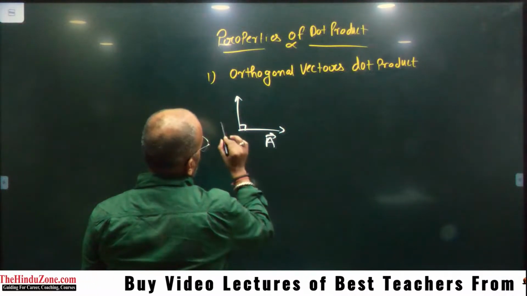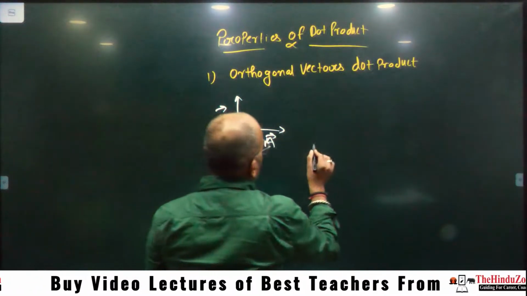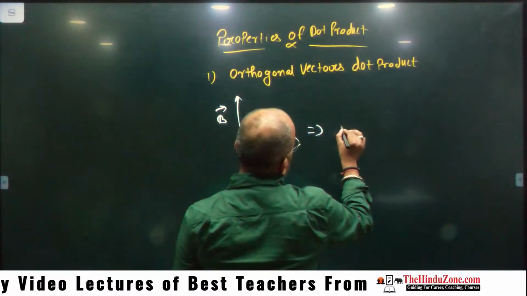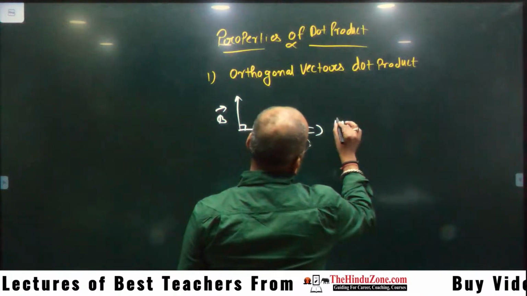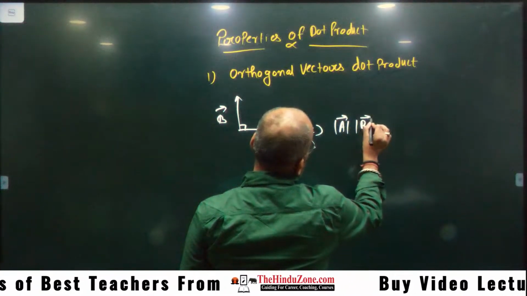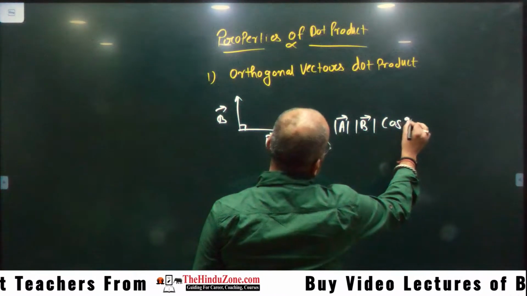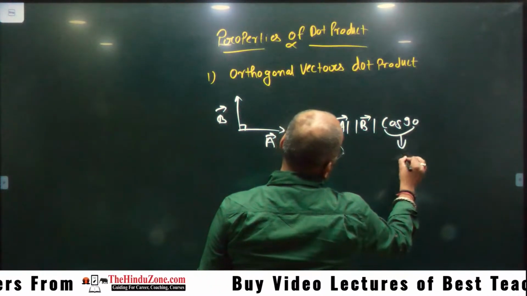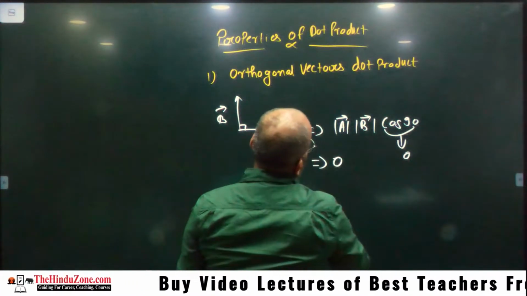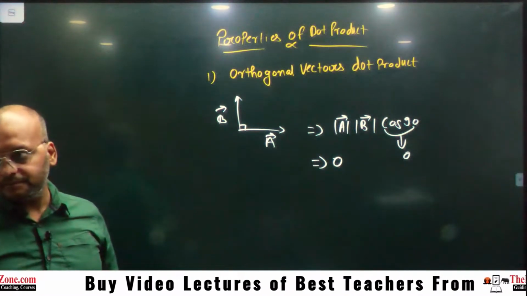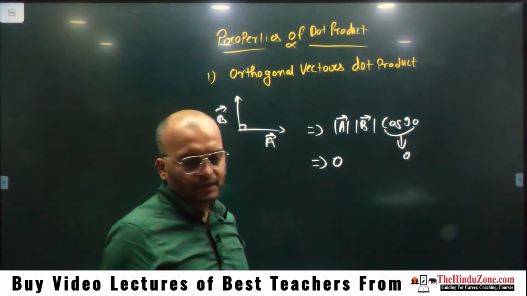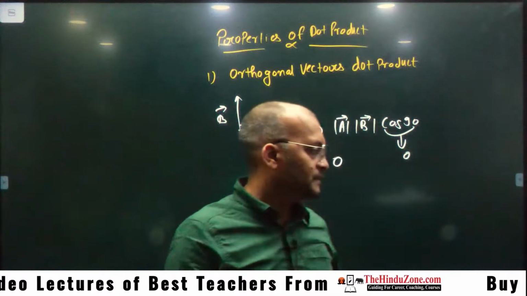Let's say this is vector A, this is vector B. So if you do the dot product of it, what will you get? Magnitude of vector A, magnitude of vector B into cos 90. What is cos 90? It is 0. So you will get 0. Okay, very basic.